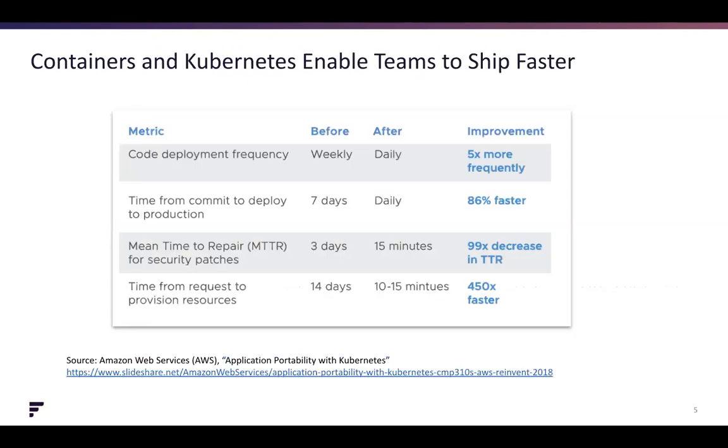A lot of this is really being driven by the adoption of cloud native technologies. Companies are adopting cloud native technologies so that they can deliver speed to market. These are just some pretty high level stats that you can expect as companies move from traditional development processes to cloud native. At the end of the day, for businesses to compete in today's marketplace, they have to be able to ship new features and meet customer needs where they are.